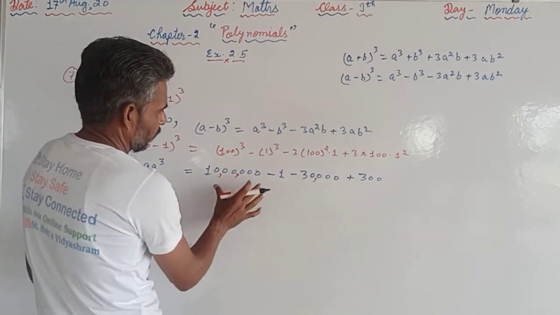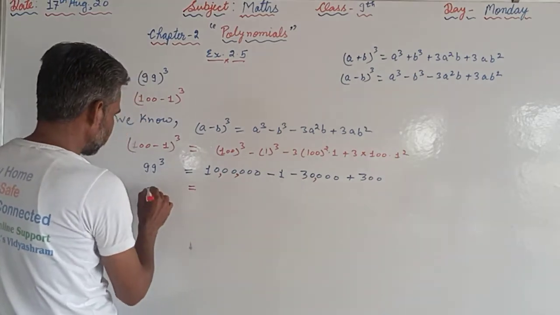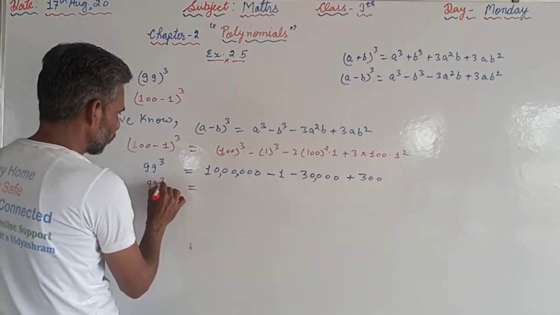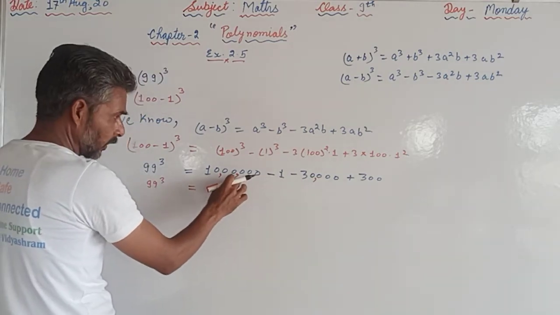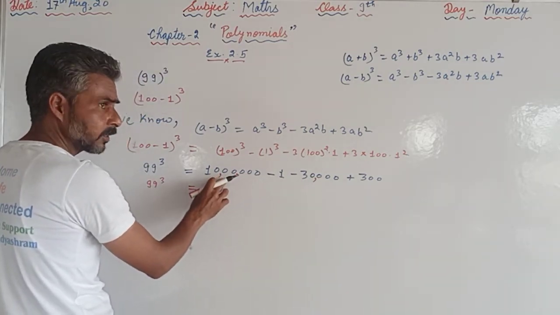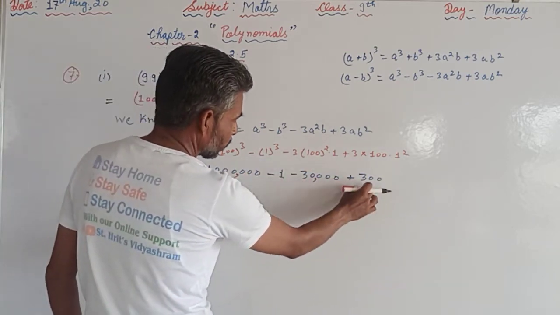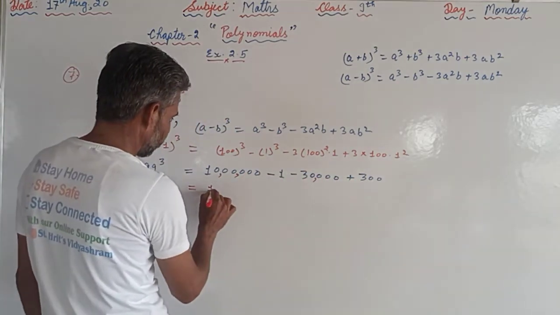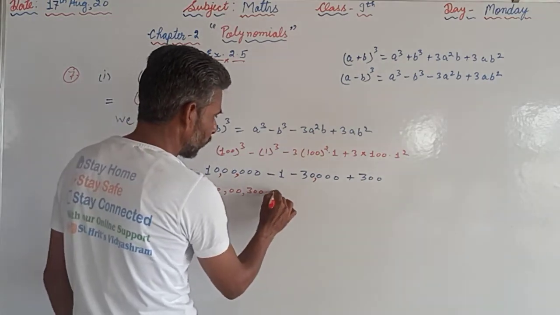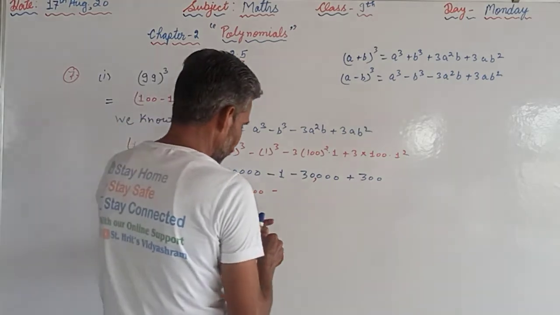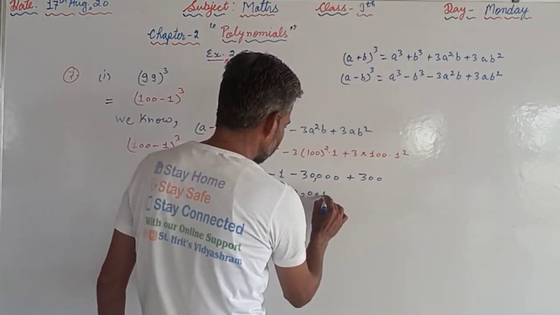So first of all we will add the like terms, that is the plus terms. So 99 cube will be 1000, that is 100, 1000, 10,000, lakh, 10 lakhs. So 10 lakhs 300, 10 lakhs 300 minus, both are minus, means how much minus we have to do? 30,001.